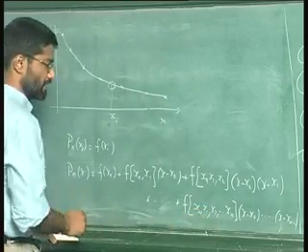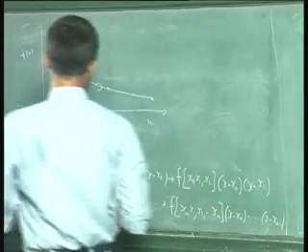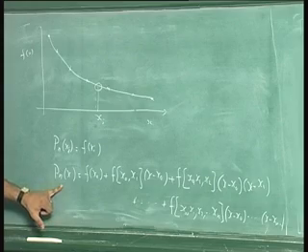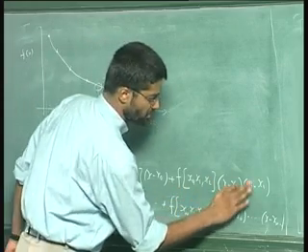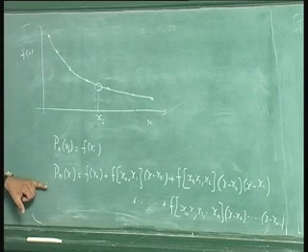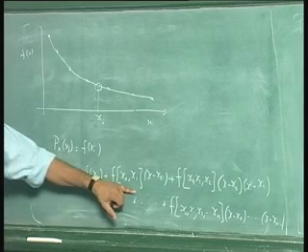So this is something which we have seen before. We have a set of data points, and I can write down a polynomial which goes through all these points in this fashion, in the Newton's form. These are the coefficients which we can evaluate.